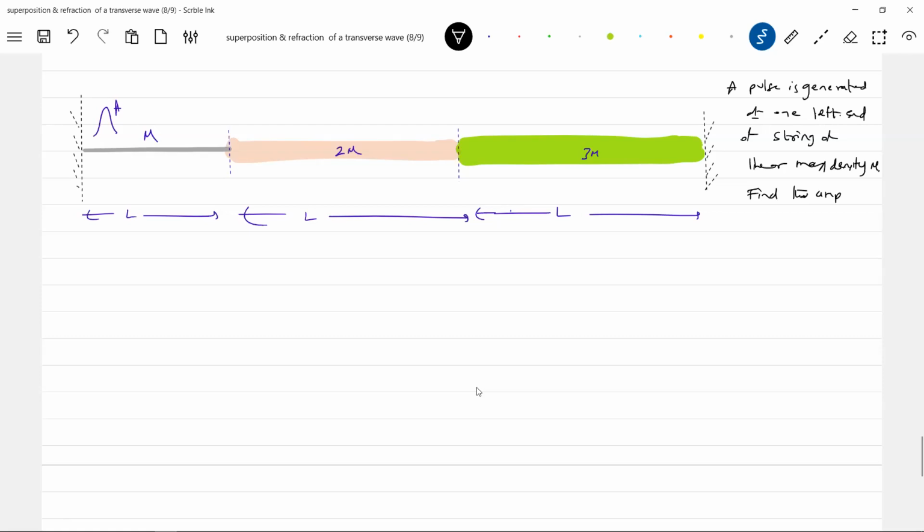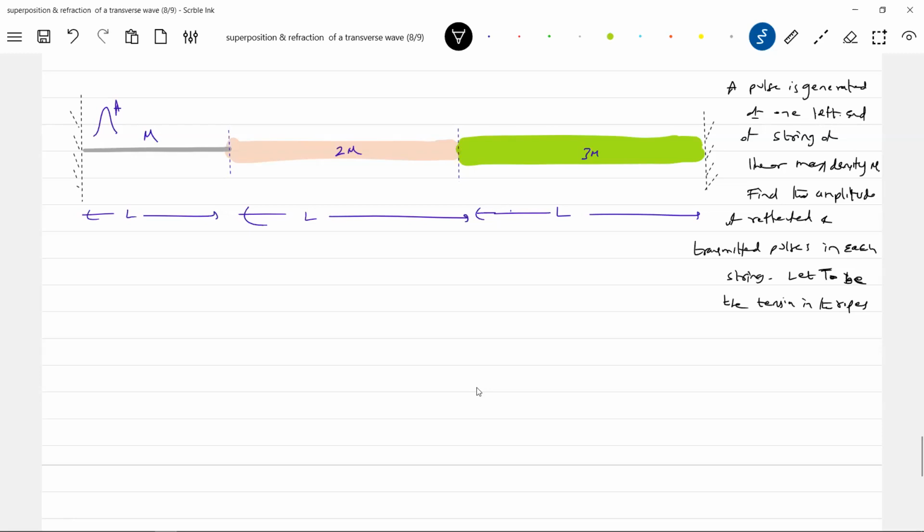Find the amplitude of reflected and transmitted pulses in each string. There's a primary. Later on, we'll calculate the time also. Let T naught be the tension in the ropes.